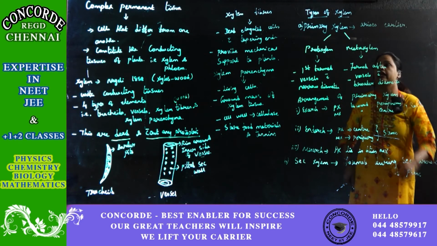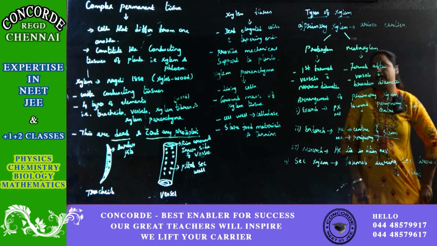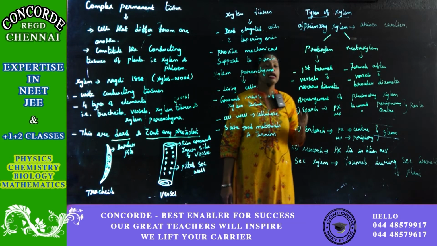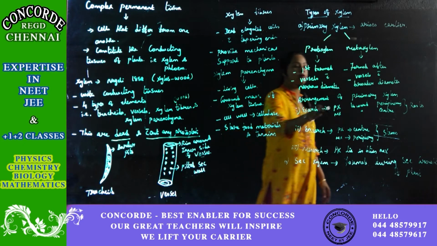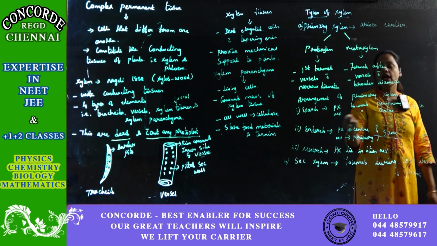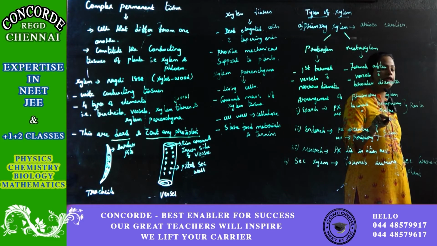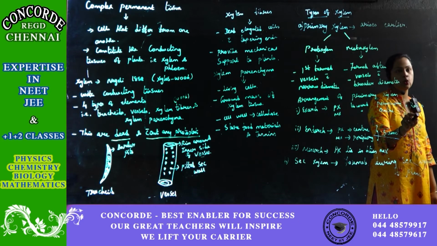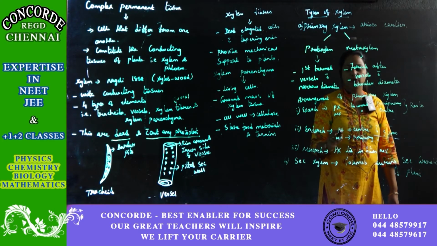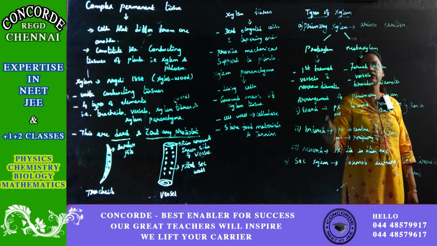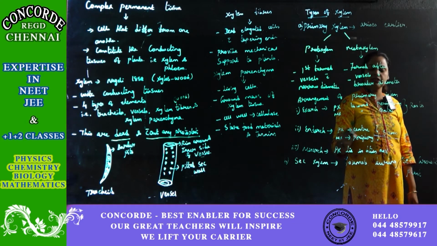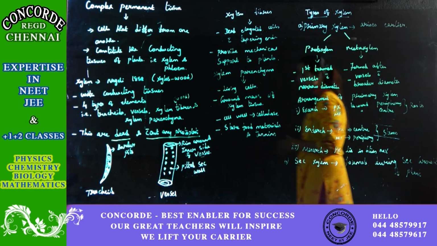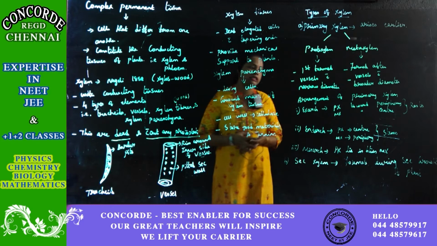And if you take the arrangement of primary xylem, it has three types: exarch, endarch, mesarch. In exarch, protoxylem is arranged towards the periphery and metaxylem towards the center. This arrangement is seen only in the roots of the plant. Endarch is vice versa to exarch: protoxylem is in the center, metaxylem is at the periphery, and this arrangement is seen in the stems of the plant.